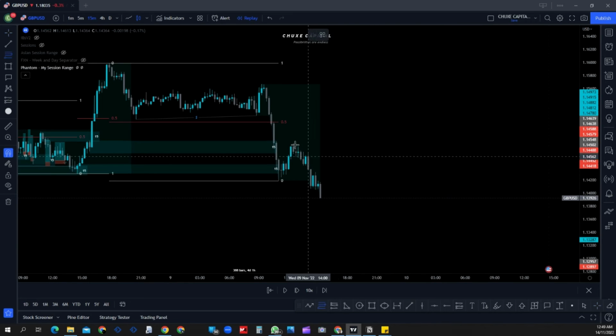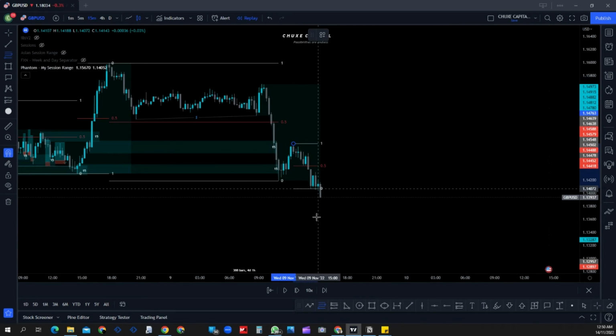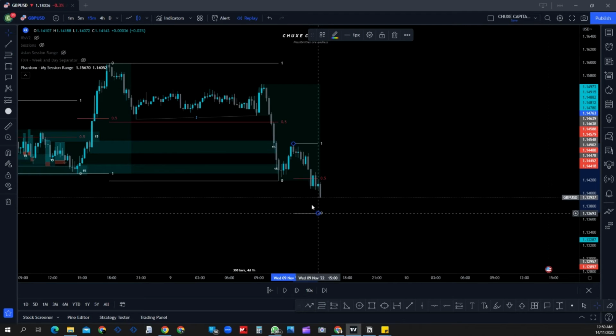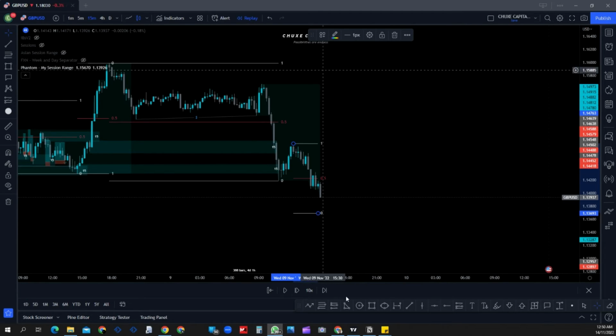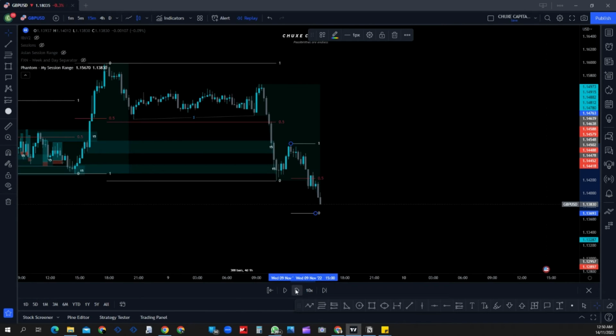We've gone again, another 15 minutes. Wait for the pullback. Wait for the pullback.